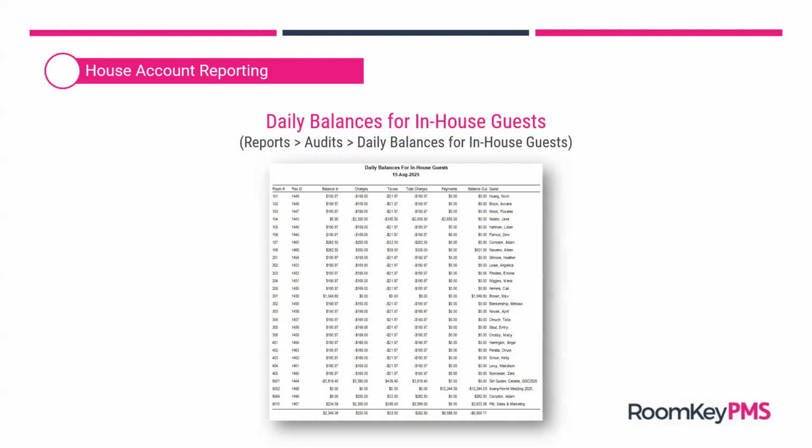This will show you a list of balances for all of your guests that are in-house for the current date or a specific date in the past, and your house accounts are going to appear at the bottom here. So it'll show you your guest balances, and it will also show you any house account balances that are in-house for that specific date.